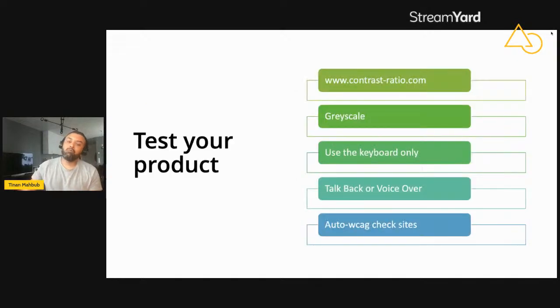So how can we test our products? When we design something, we follow all the WCAG requirements, and then we have a complete prototype. We have tested it on users and everything. How do we test accessibility? First of all, test the contrast on contrastratio.com.